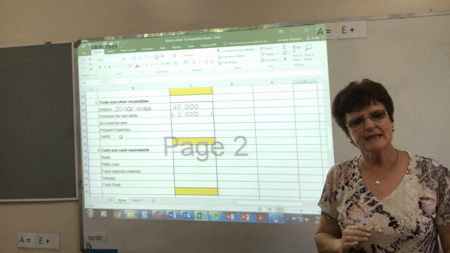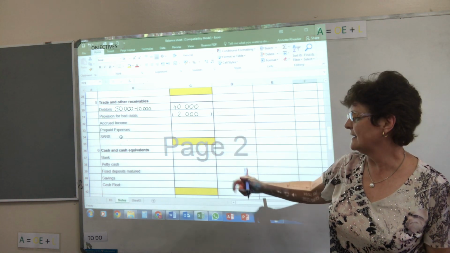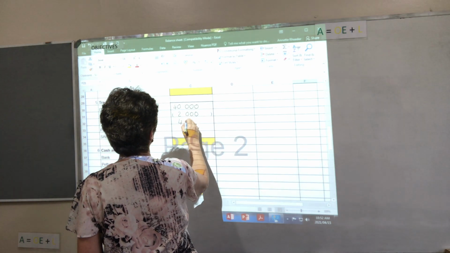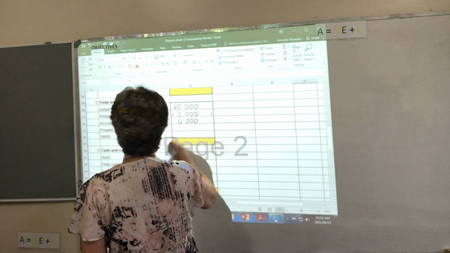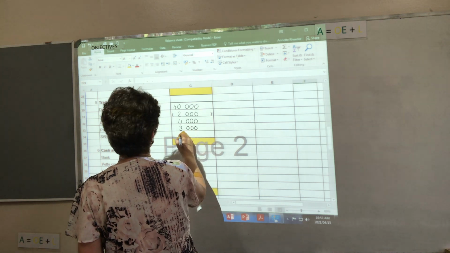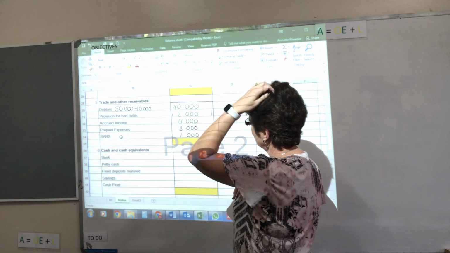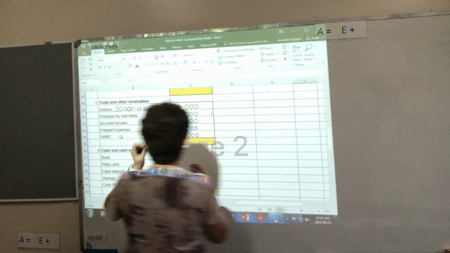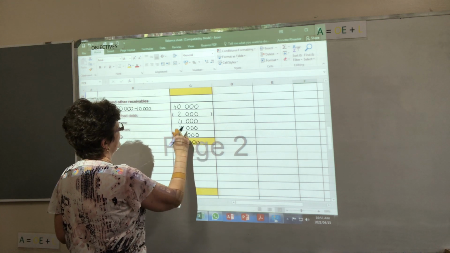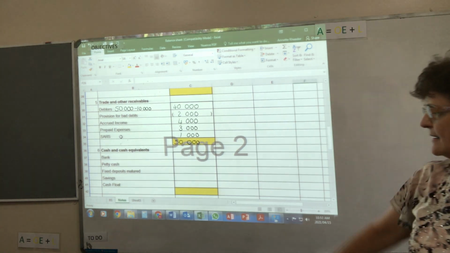It decreases my asset and we have to put it in a bracket or a minus in front of it. Accrued income, pretend that we had an accrued income for this specific note and a prepaid expense and maybe SARS was a receivable of 1,000. Again, we just add all of that, 42, 46, 49, 50. Let's just double check, yes, 2, 6, 9, 50, 50,000.